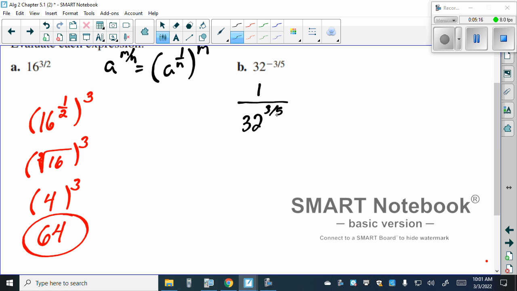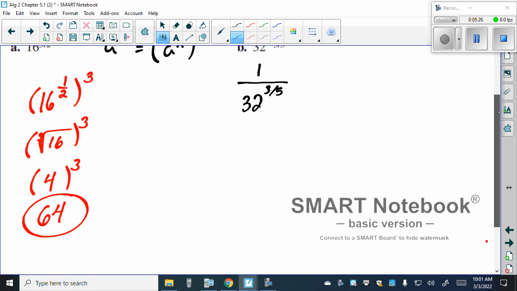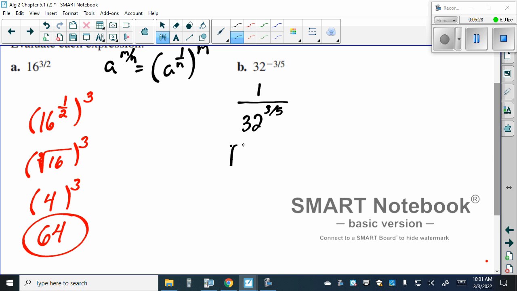Moving it from the numerator to the denominator, or denominator to the numerator, will change the exponent from positive to negative, or negative to positive. Now we can do the exact same thing we just did with the other one, because we can say this is 1 over 32 to the 1/5 cubed.